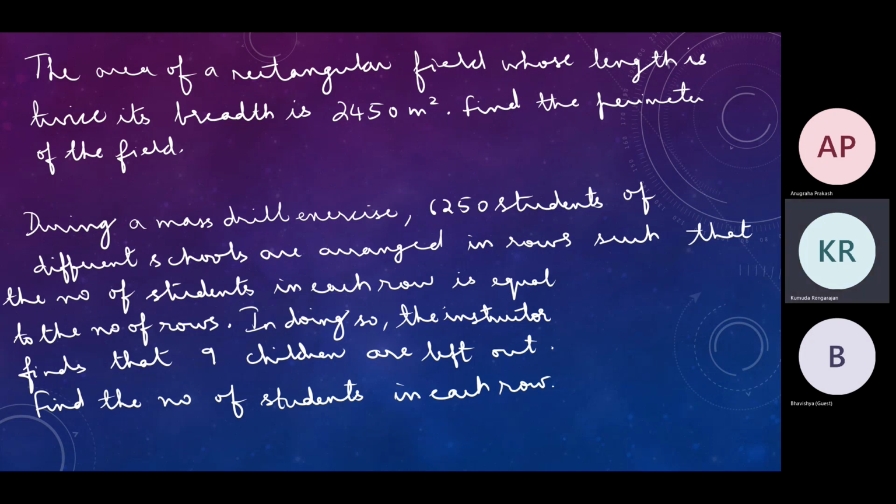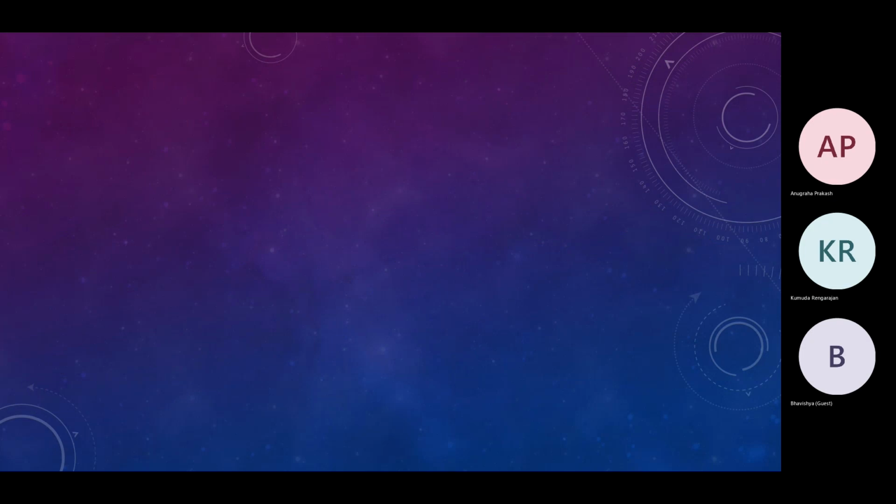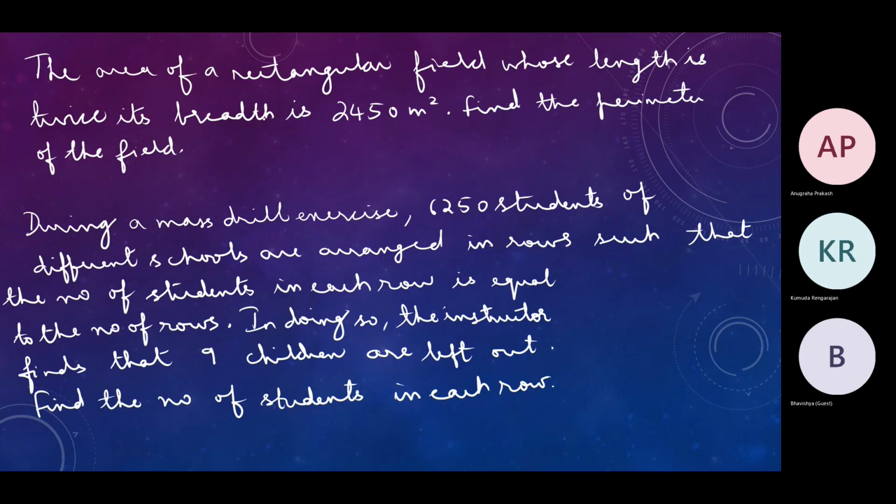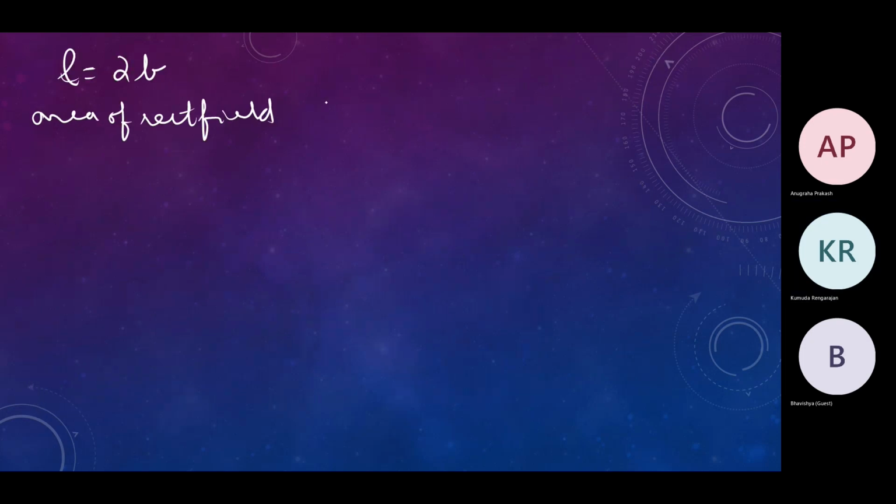210 meters. Okay. So it's given that the length is twice the breadth. We'll remember that the area of the rectangular field is given to be 2450.